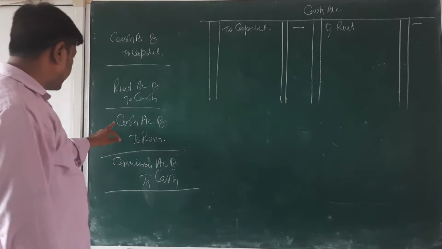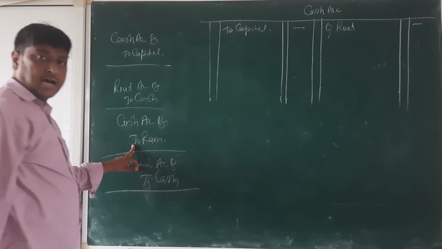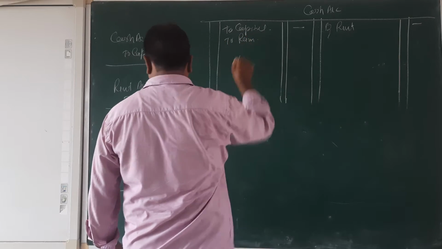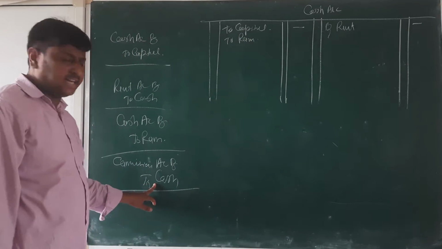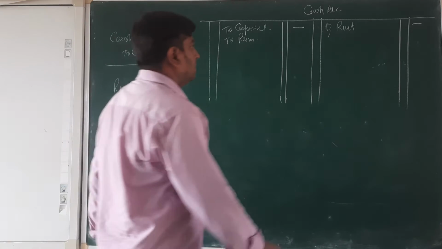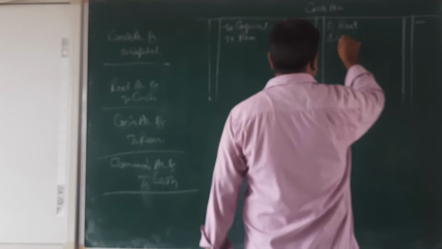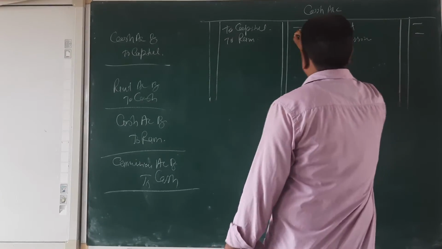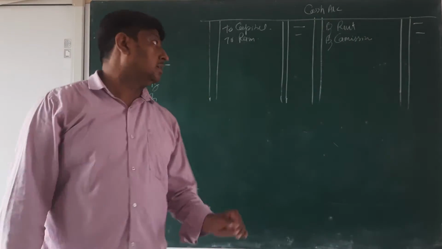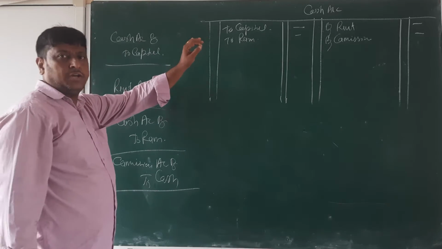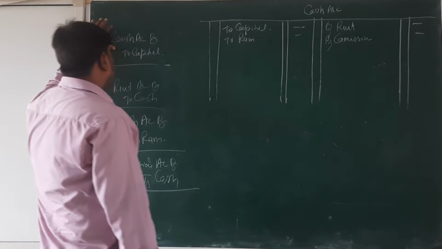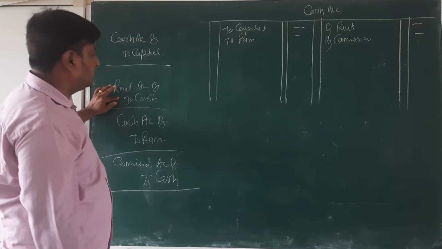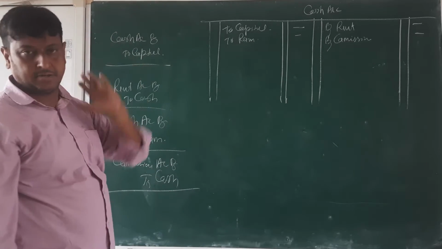Next, cash is debit, then opposite Ram, debit to Ram. Next, cash credit, opposite commission, by commission amount. Okay, clear? Which account you are going to maintain, if that is debited in the journal, opposite debit. If credited in the journal, opposite credit.